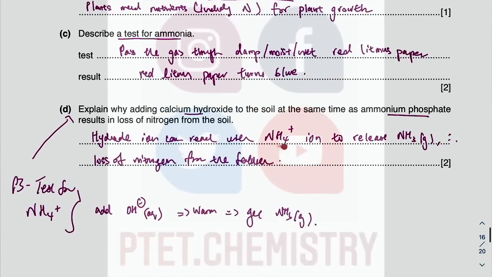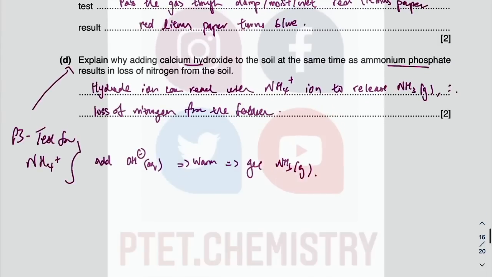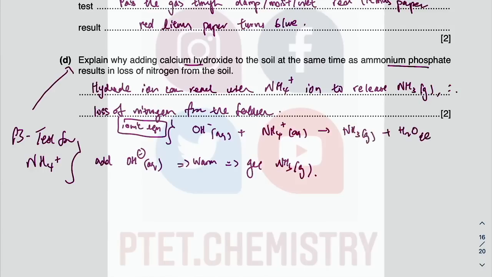If it reacts with the hydroxide ion to release ammonia, you will lose nitrogen. I suppose you can show the ionic equation. There is only one ionic equation. Doesn't matter what hydroxide you use, and doesn't matter what ammonium compound you use. It's always going to give you NH3 gas plus H2O liquid. You do need a little bit of heat.